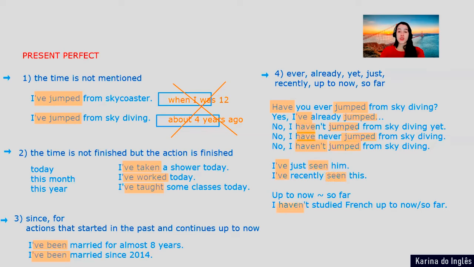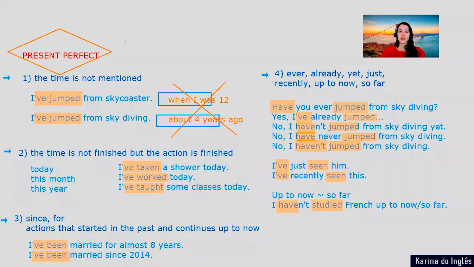Giving you some extra tip. When we have a perfect tense, like present perfect, past perfect, future perfect, we need to use always the third column, okay, the past participle. And there's always have in this construction. What do I mean with this? Look at this.